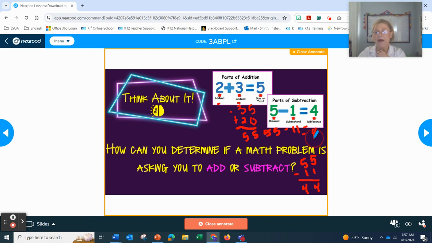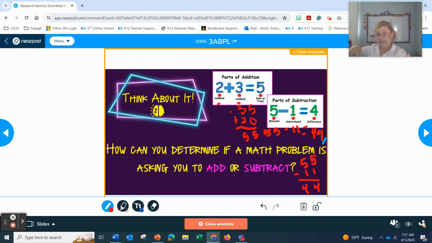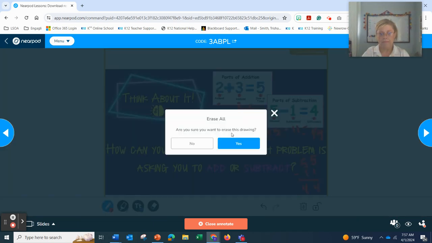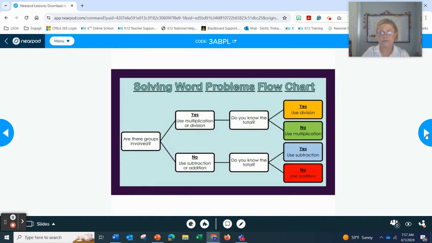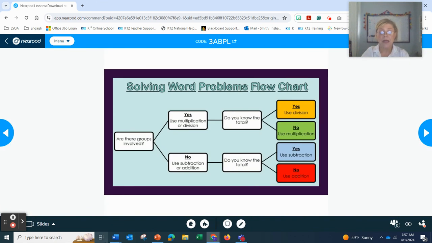So the amount left over after our subtrahend is taken out, after those 11 pretzels are sold, is 44 pretzels. So sorry.